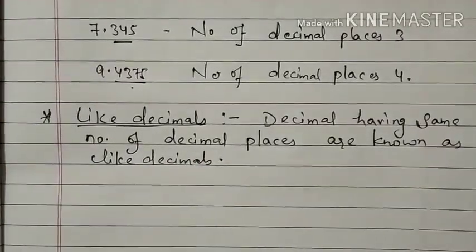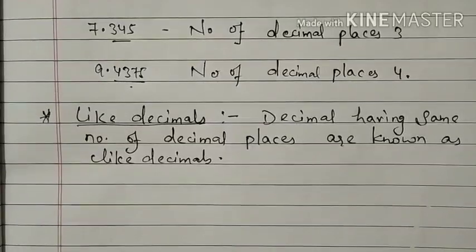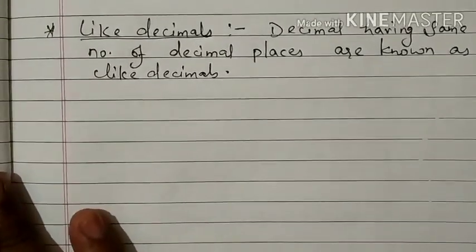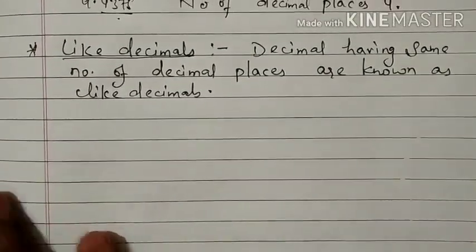Decimals having same number of decimal places are known as like decimals. Let's understand this with an example.